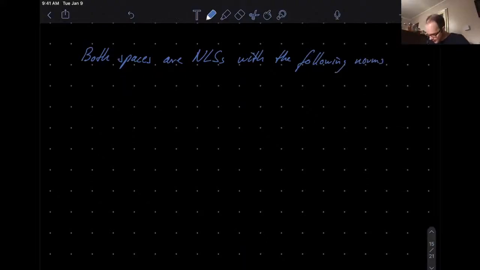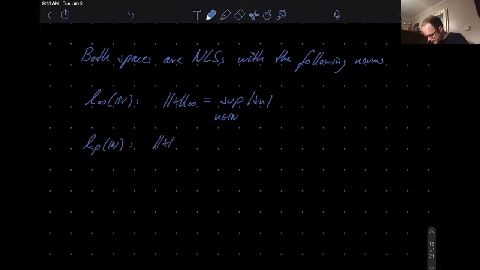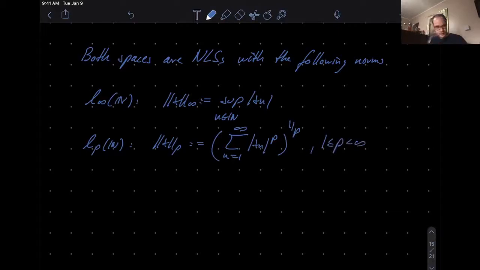In the case of the bounded sequences, the standard norm will be the infinity norm again, which is the supremum over all xn, and this is finite by definition of the space because the space only contains those objects for which that thing is finite. And in lp we will look at the p norm, which is, by definition, just the discrete analog of the integral, which is a sum: xn to the power p, summed, and then to the power 1 over p. This is for p from 1 to infinity.